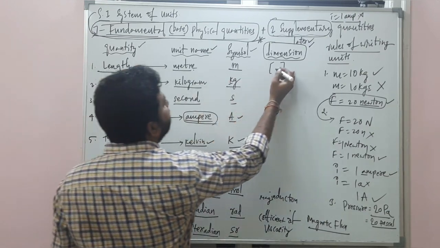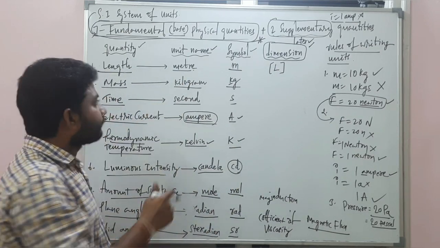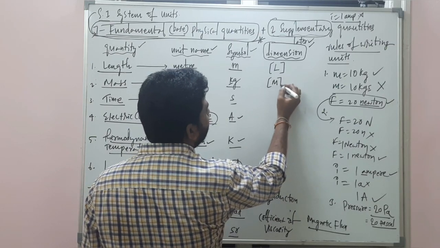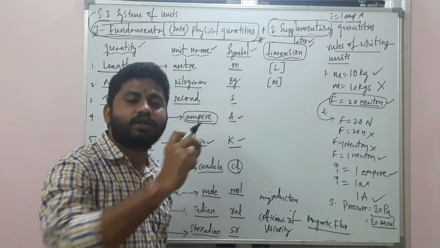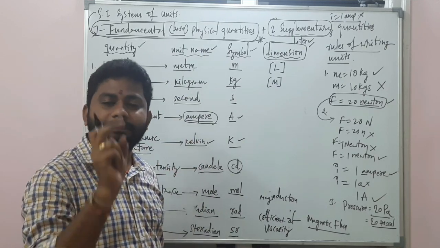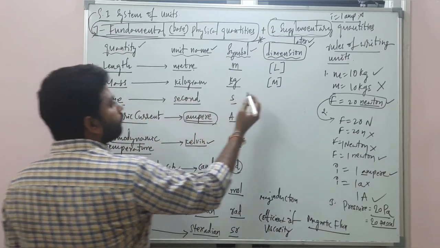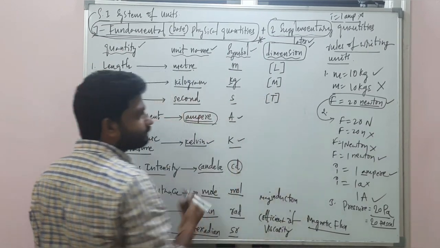Length dimension will be capital L in the square brackets. Mass dimension will be capital M in the square brackets. I'm telling you once again, any dimension of a physical quantity will be kept in square brackets. Time dimension will be T.